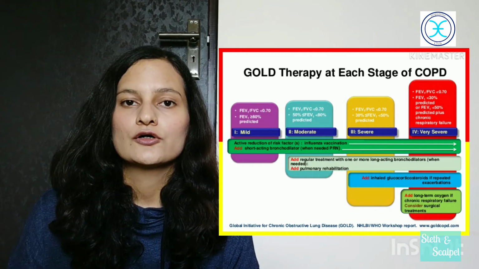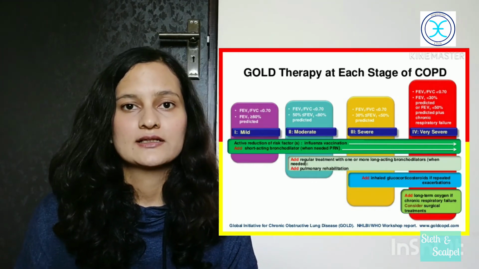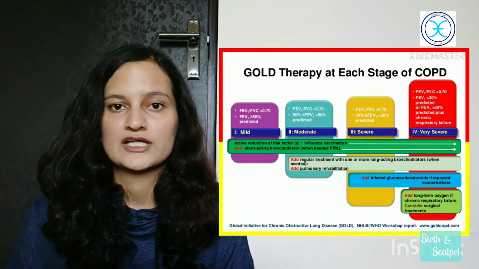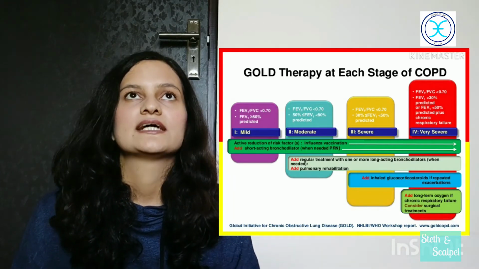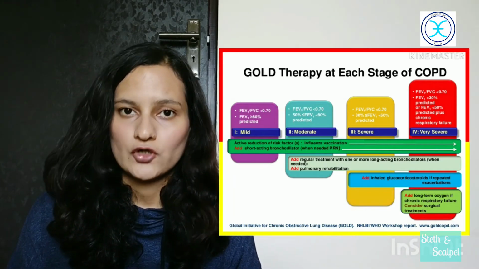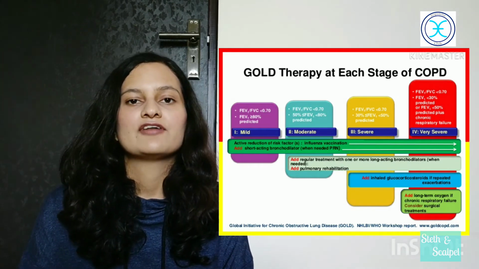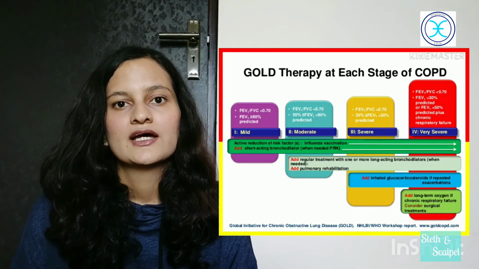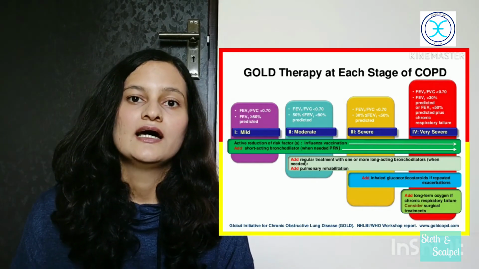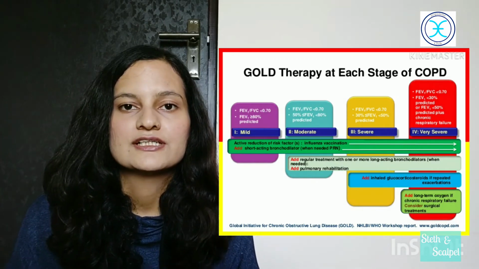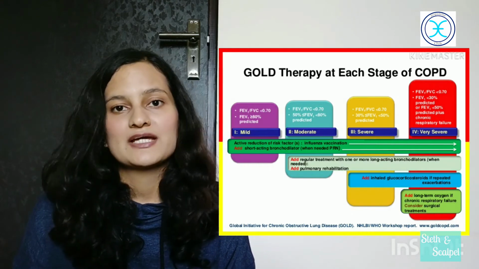Now, inhaled glucocorticoids come with a risk of developing pneumonia or other infection, but there are advantages in that they help to relieve the symptoms a lot. Finally, in very severe stages, you have to go for oxygen therapy and surgical intervention like lung volume reduction surgery or bullectomy, or sometimes even transplant in very severe cases.